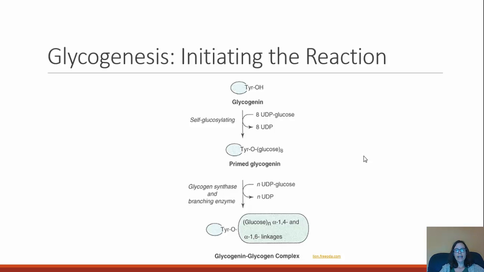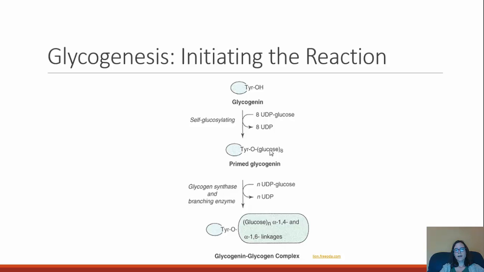So here's just a diagram that demonstrates what we just talked about. So we have the glycogen primer, which involves a protein residue, and then we have this primer is self-glycosylating, so it's able to add on 8 glucose molecules. And then we have this protein residue with 8 glucose molecules, which is termed the primed glycogenin.